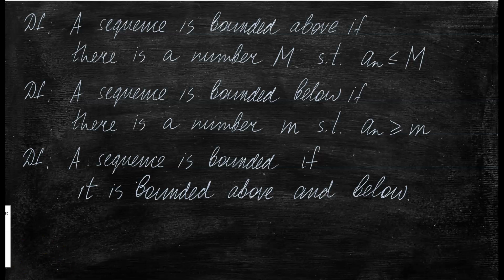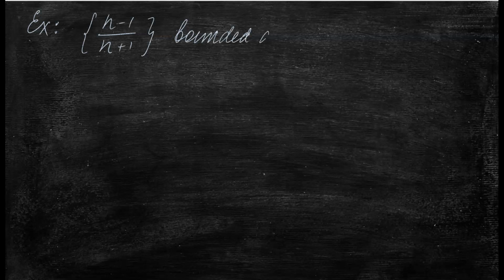So let's discuss whether this sequence is bounded above, and the answer is yes. And it takes a little bit more effort to figure out what the bound is, but here we can speculate and assume that the bound is 1.